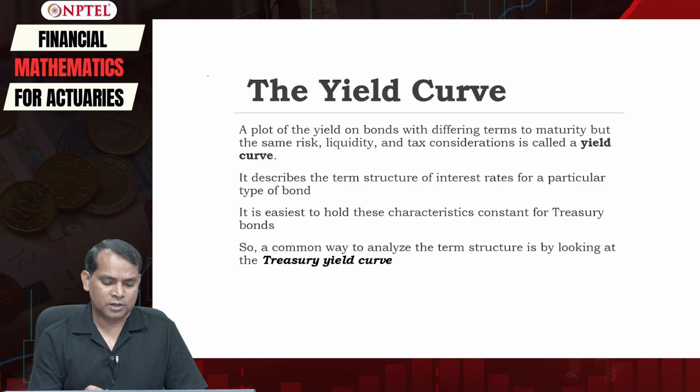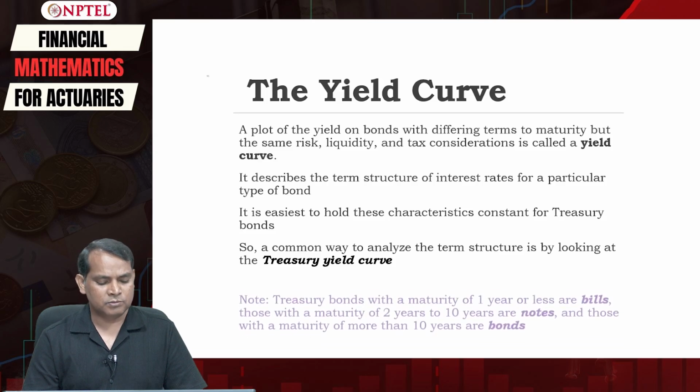A common way to analyze the term structure is by looking at the treasury yield curve or government bond yield curve.